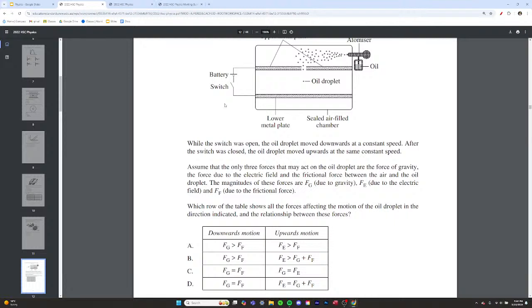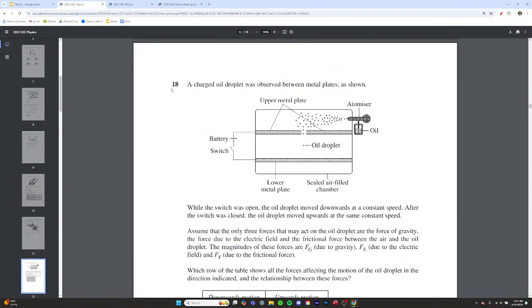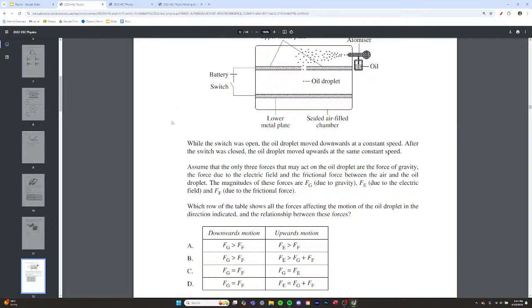Due to gravity, electric field. I would say straight up it's B. B, B, B, B. D. Alright, that's fine.